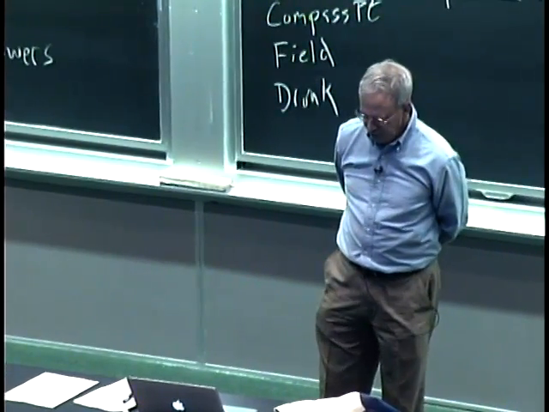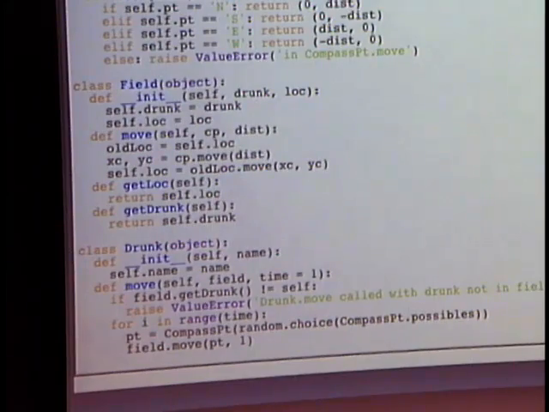So field, it's got an init. It takes a self, a drunk, and a location, and puts the drunk in the field at that location. It can move. So let's look at what happens when we try and move self in some direction, in some distance. We say the old location is the current location. And then xc and yc, think of that as x change and y change, get cp.move of dist.